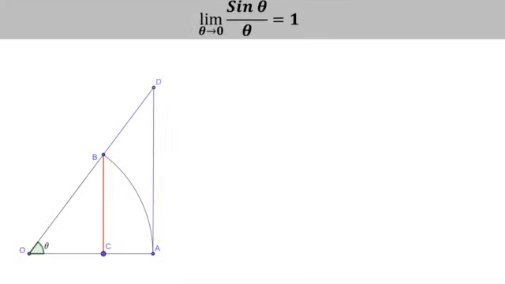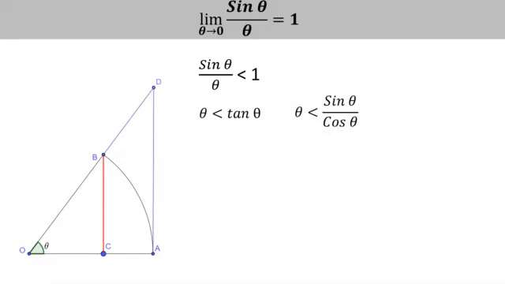Now let us look at the figures again. We have got sine theta by theta less than 1, and we have got theta less than tan theta. Now theta less than tan theta actually means theta is less than sine theta by cos theta, or cos theta is less than sine theta by theta.